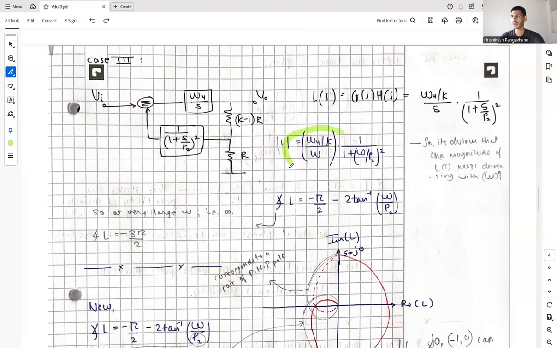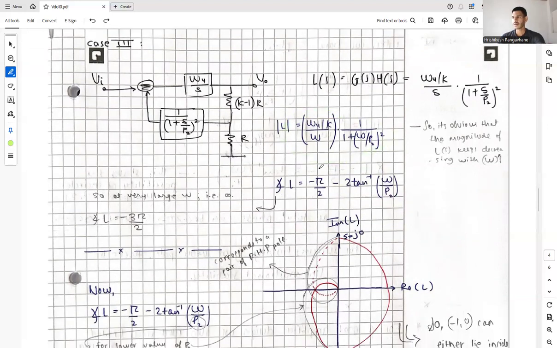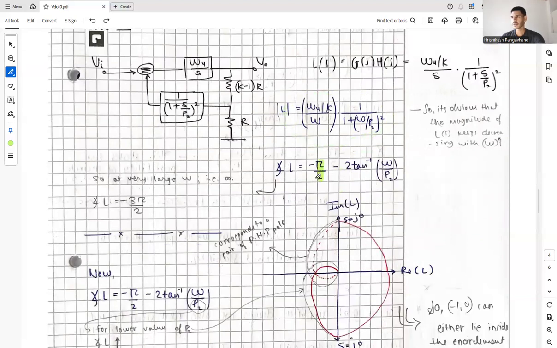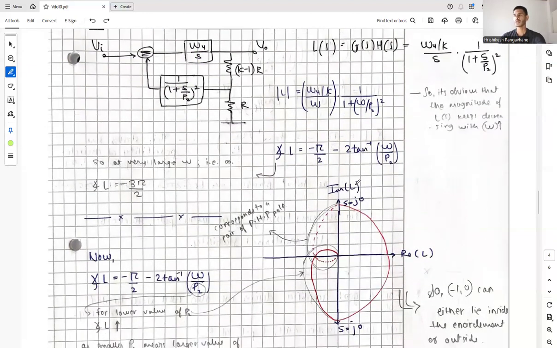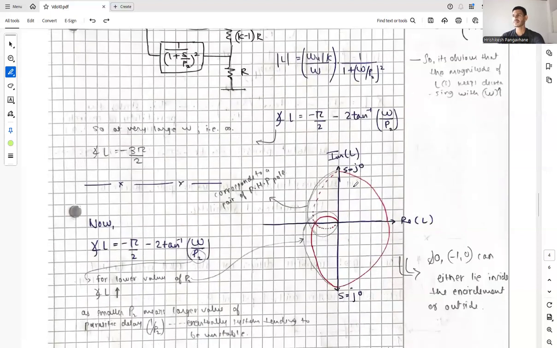So basically this is how the magnitude is, and coming to the phase, the phase shift minus pi by 2 again is introduced by the integrator itself, and by the poles the phase shift is minus 2 tan inverse omega by p2. As we know, every pole contributes a time delay of 1 by p2. So at very large frequencies, let's say omega equals infinity, the maximum phase shift contributed is minus 3 pi by 2.